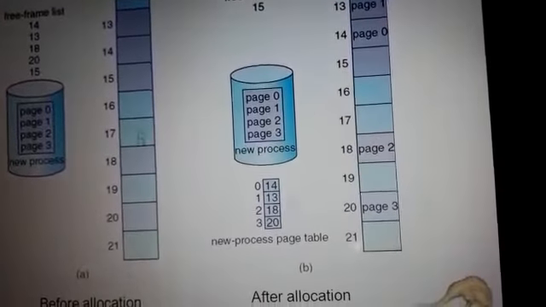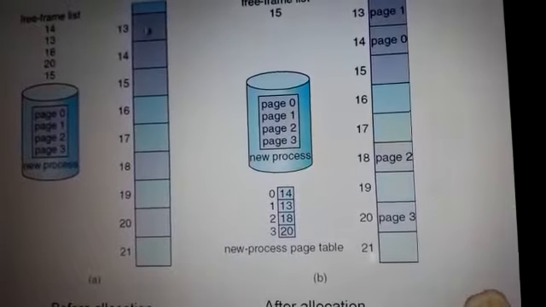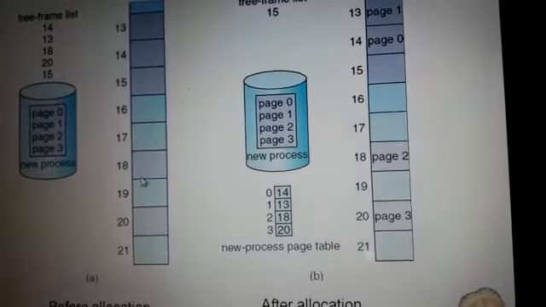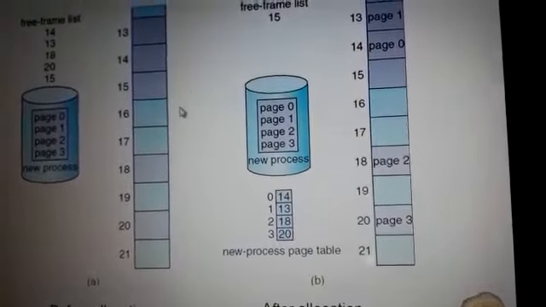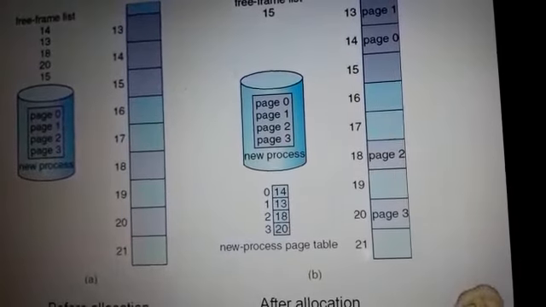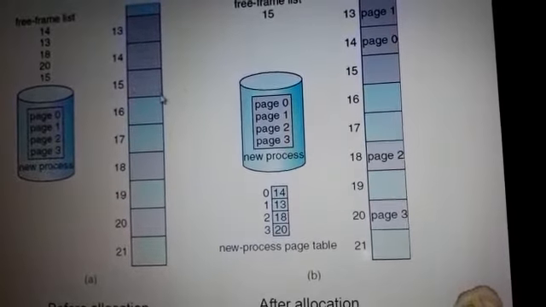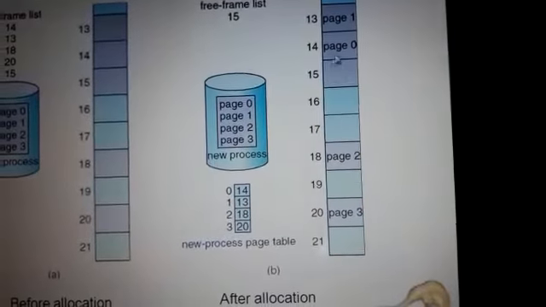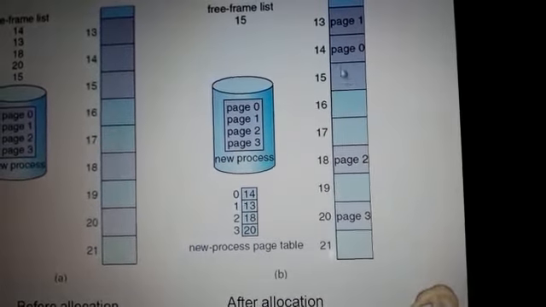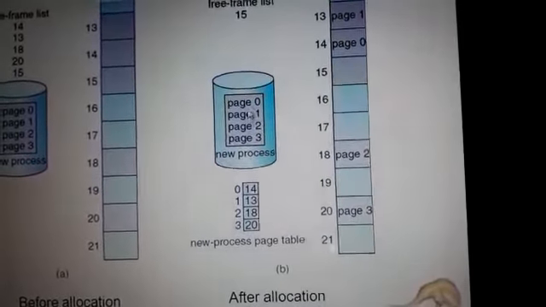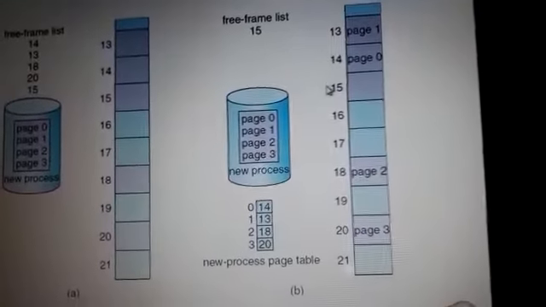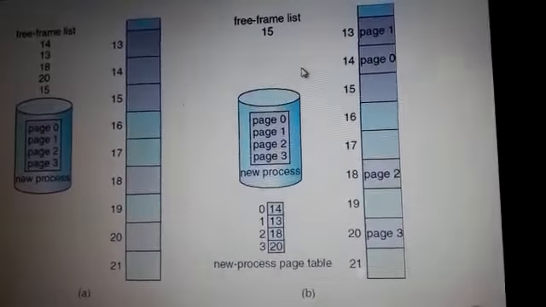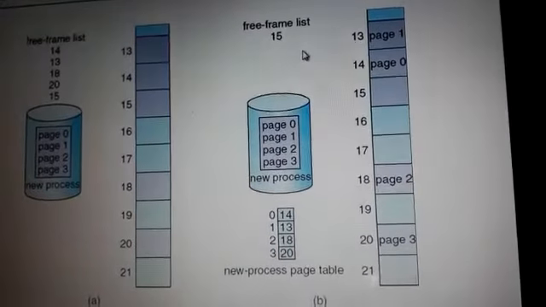Here a total of 5 blocks are free for the pages to occupy. Because in the list we have a total of 4 pages, only 4 can be occupied. So one is empty here, that is the 15th one. No page is occupied here because only these 4 pages exist. So this 15th frame is free, and it will remain in the free frame list.